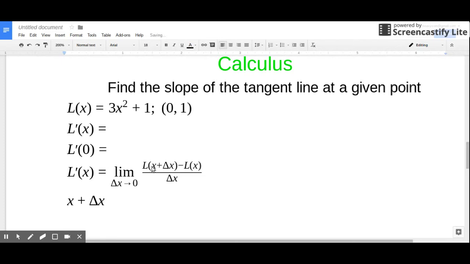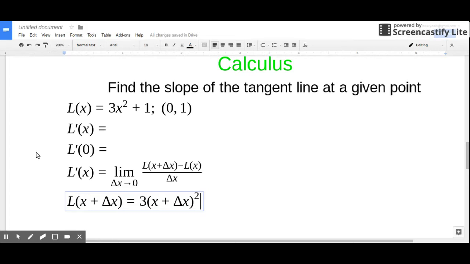Okay, try that again. And of course this is squared. And then we have plus 1.